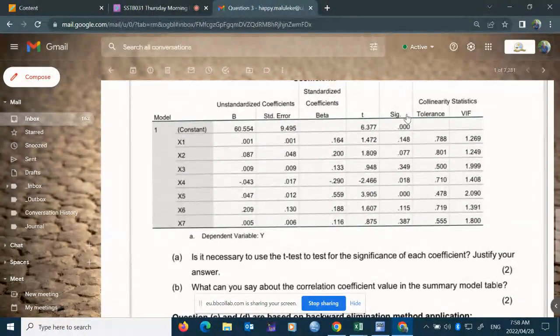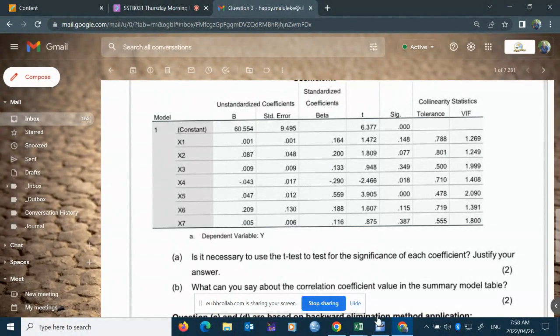What is happening is that when we use statistical softwares, they bring questions in different formats. For example, can you see the first column where it's written B? Yes. It represents the betas.